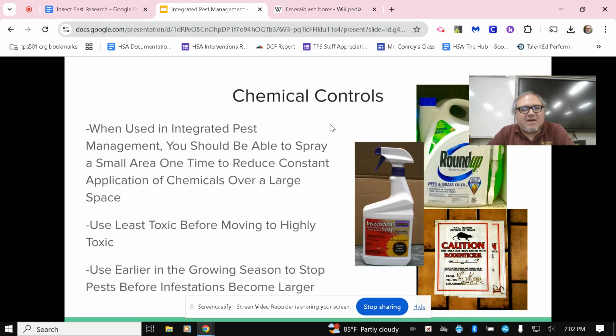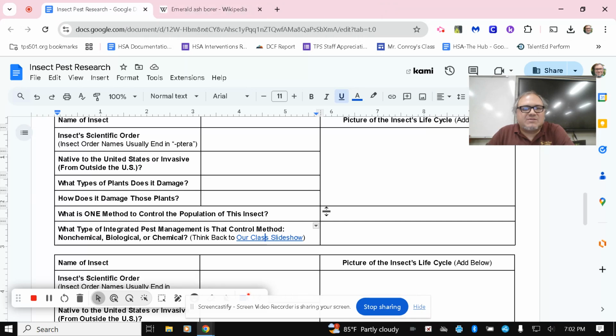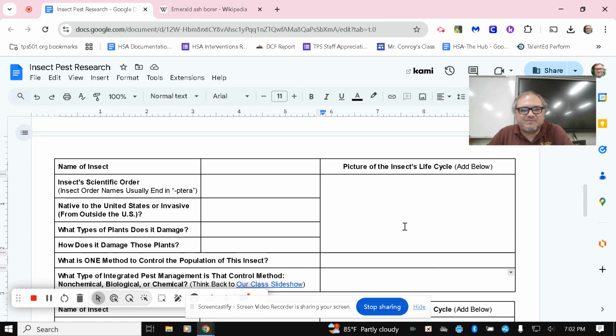And then when we talk about chemical controls, this is really where we're talking about things like insecticides whenever we're talking about different types of insect pests. So some sort of chemical-derived spray that can get rid of them. So again, you should be able to determine, based on the information you know about how to get rid of that particular insect, which method it is.